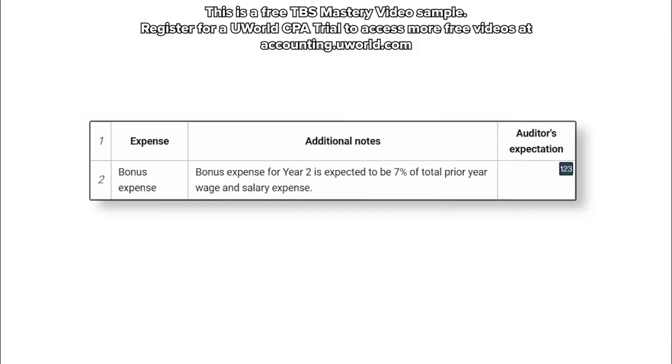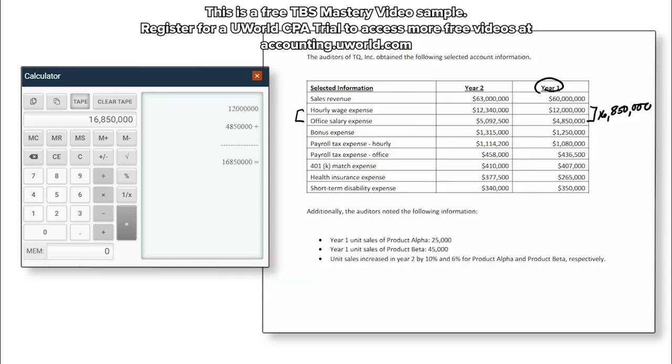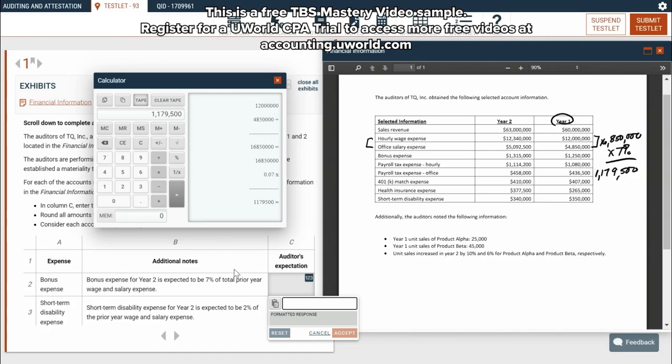Now the note said that the bonus was expected to be 7% of the prior year total wage and salary expense. So now I need to multiply by 7%. Going back to the calculator, I'm going to multiply by 0.07, and that gives me 1,179,500. So that's the estimate of the year 2 bonus expense that I'm going to enter into the TBS.